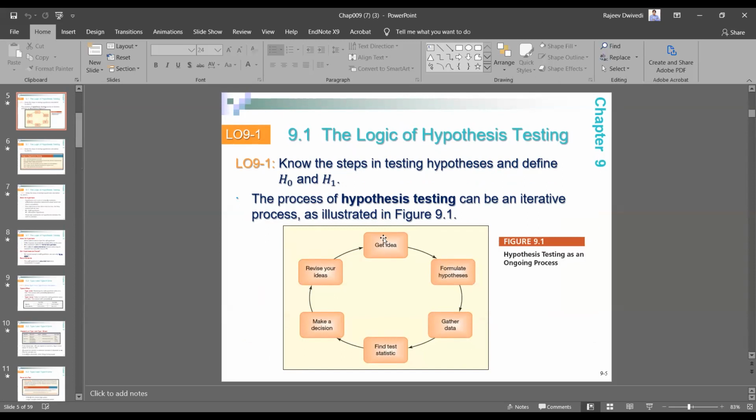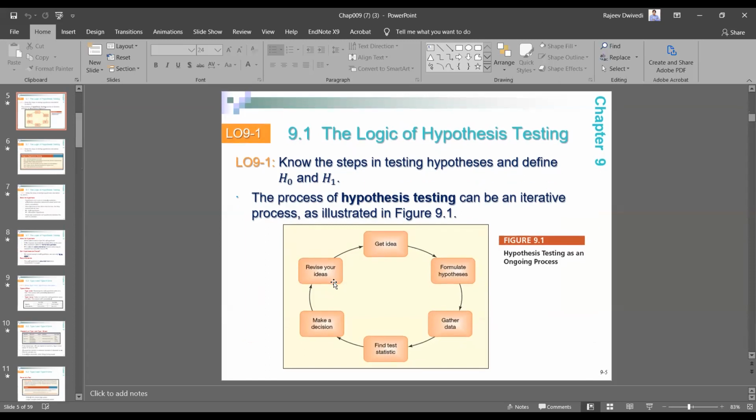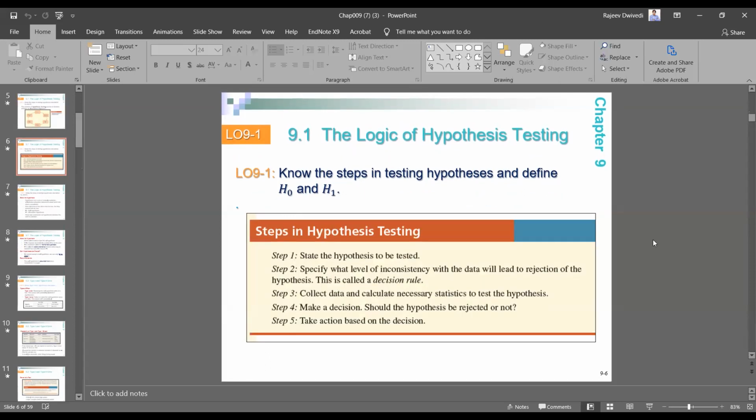Anyway, so first step is get an idea, formulate hypothesis, gather data, find test statistics, make decision, and revise your idea. Like I did with household income, state the hypothesis to be tested very first, like I said, the 100,000 income of household in South Hill.